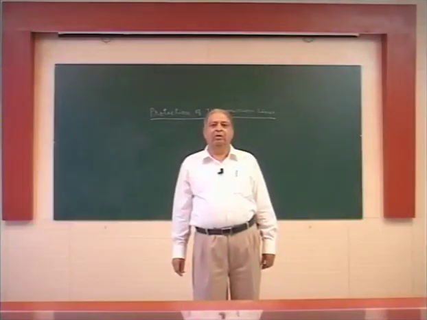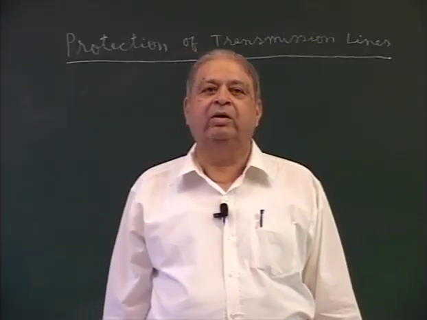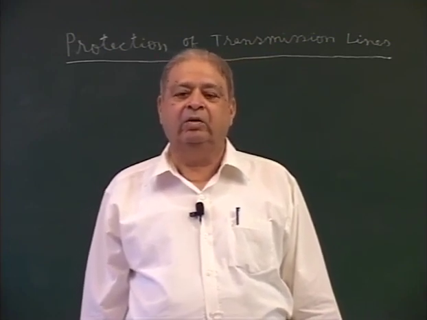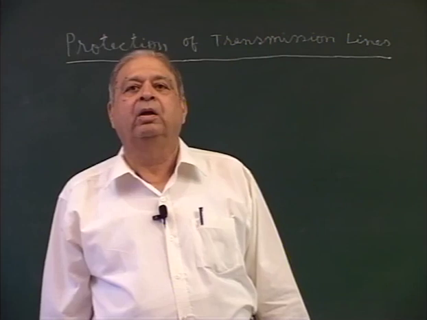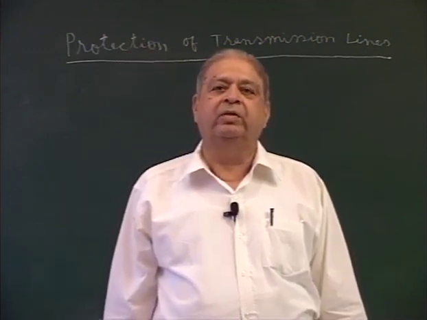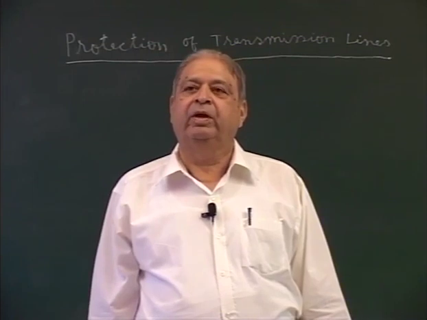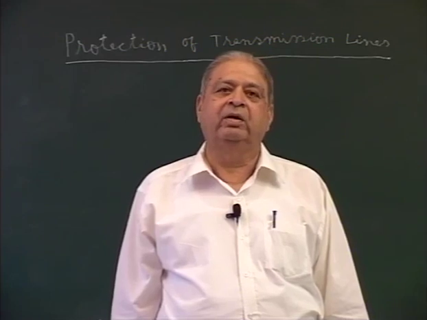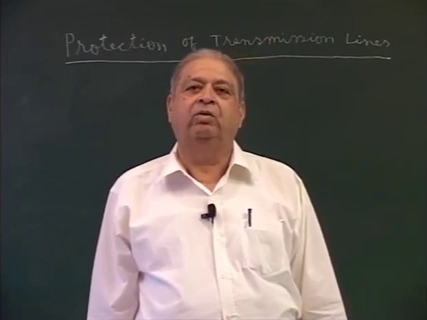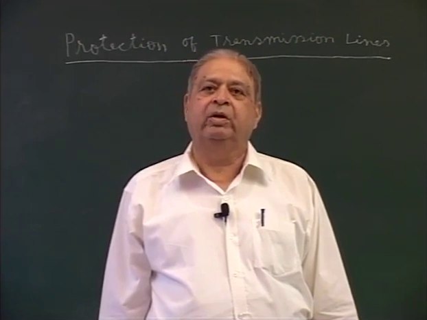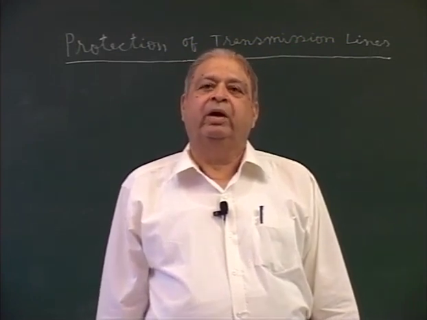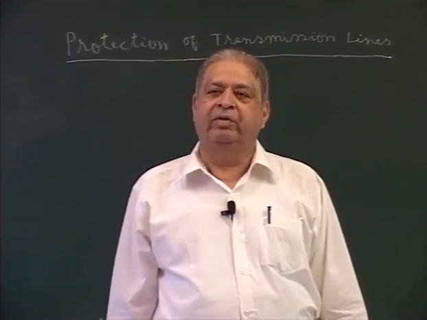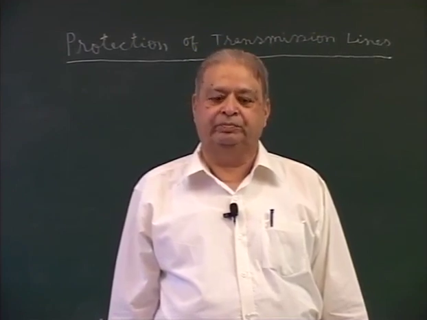I welcome you all for this technical lecture on transmission line protection. There are a large number of transmission lines connecting different buses in a power system, and whenever a fault occurs on any transmission line, circuit breakers are to be opened at various places to prevent high current flowing in these transmission lines and in other parts of the power system.